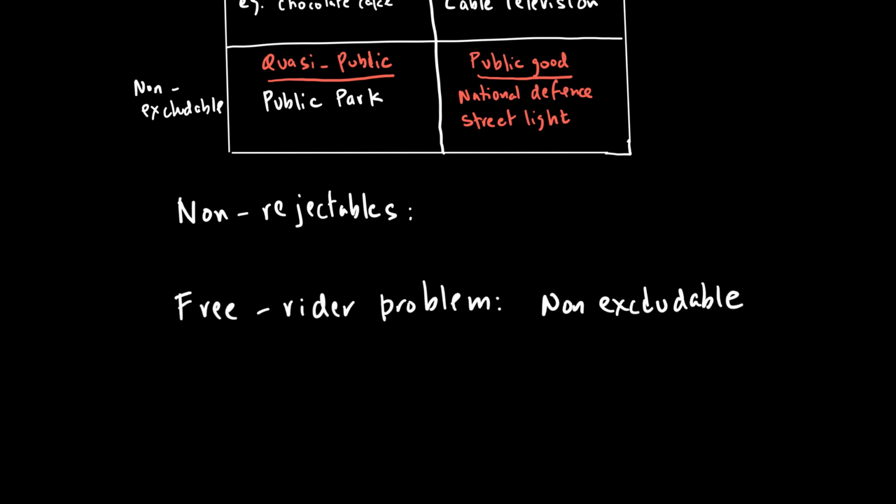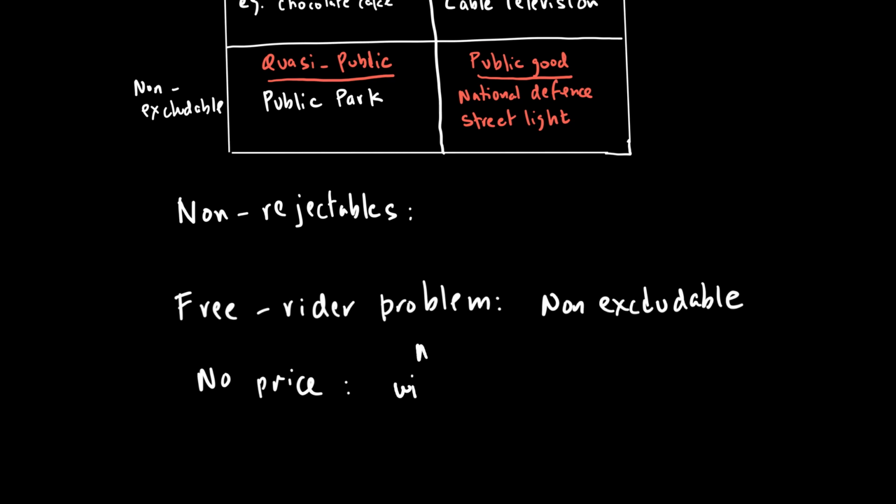If we are not able to charge any consumer or stop any consumer from consuming that good who hasn't paid for it or does not want to pay for it, then once the good is provided, you can't prevent anyone from enjoying it, and therefore no one is willing to pay a price for the good. So we say that for public goods there is no price.